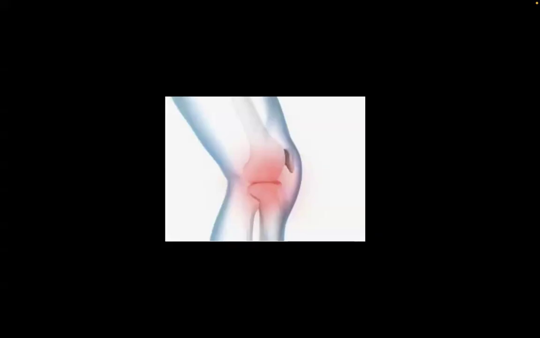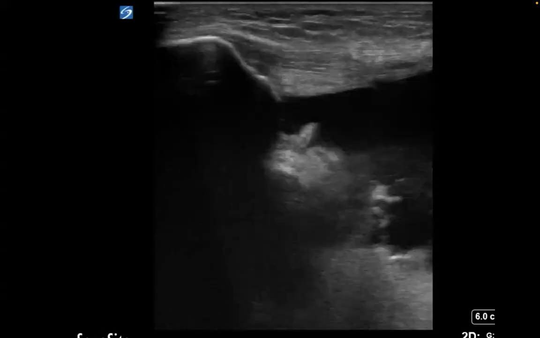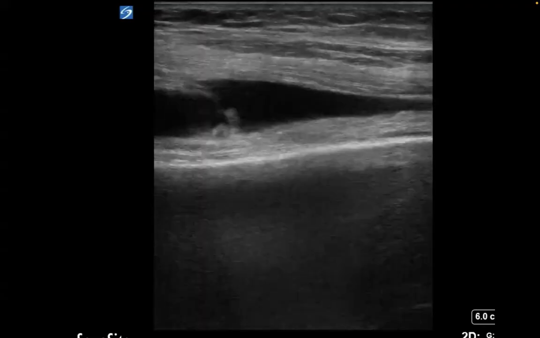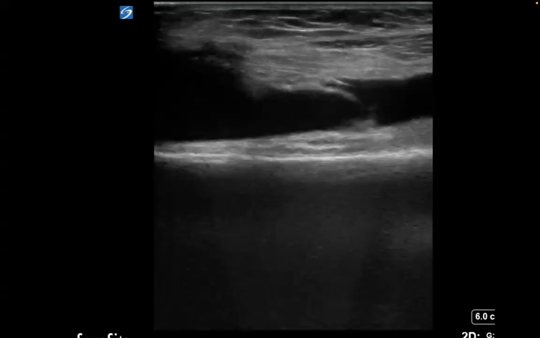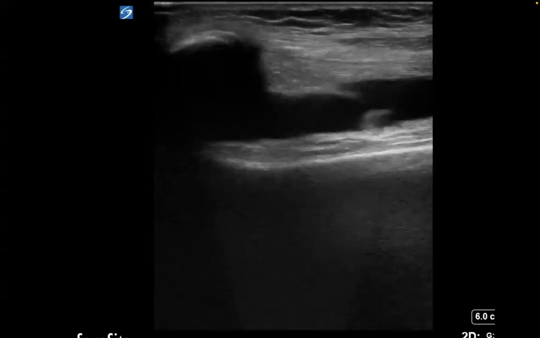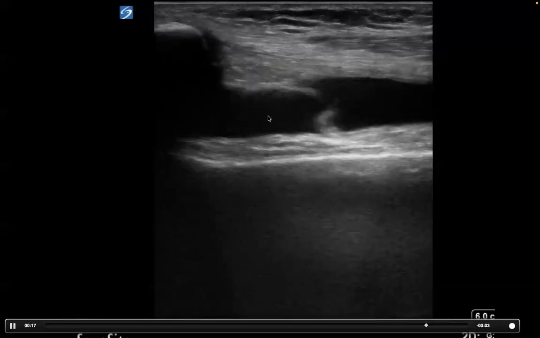Now, what about the case of someone with knee pain and whether or not they have a knee effusion? Again, in those cases where it's a little bit harder to figure out if a patient has an effusion or not, when you place the probe right in the suprapatellar region, you see the black stripe here.